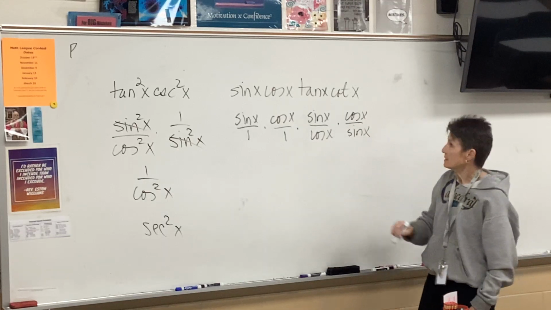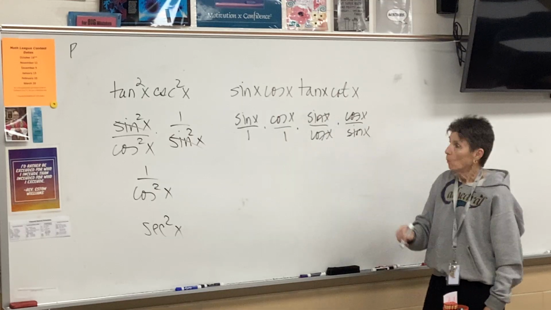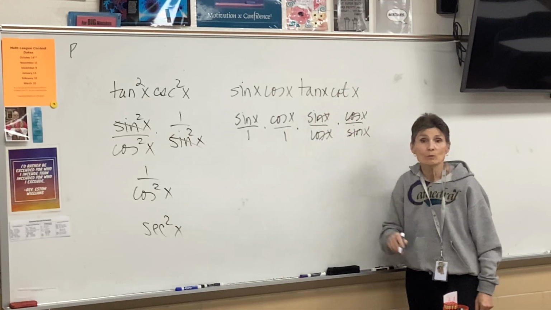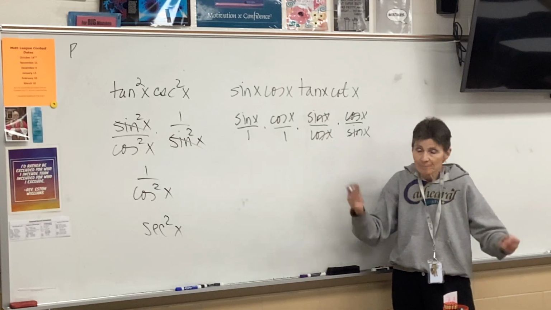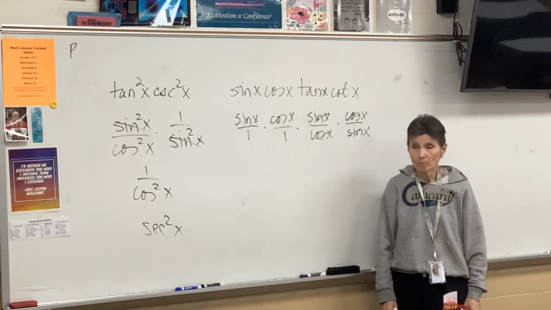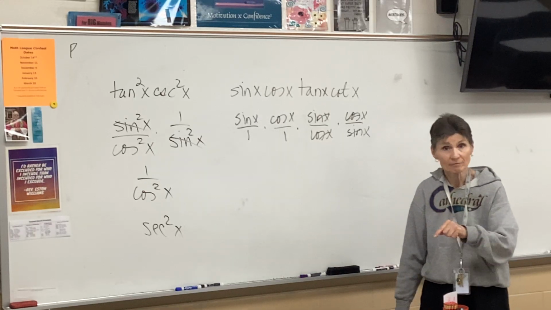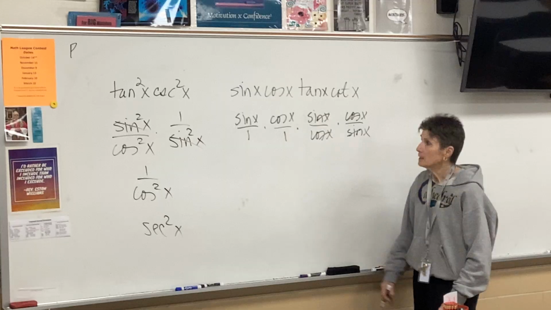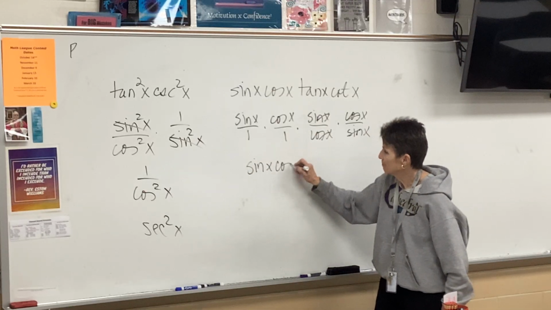Now notice that these cancel each other out. Why do tangent and cotangent end up canceling each other out? They're reciprocals. And when you multiply reciprocals, like 2 times 1/2, they cancel out. So all we have left here is sine, cosine.